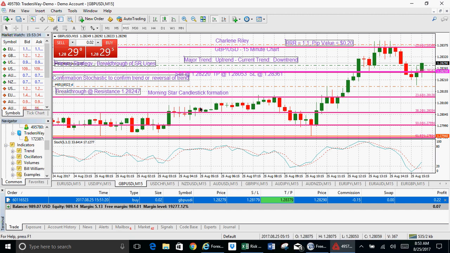So based on the candlestick formation and the breakthrough, that is the primary reason that I entered into the trade.